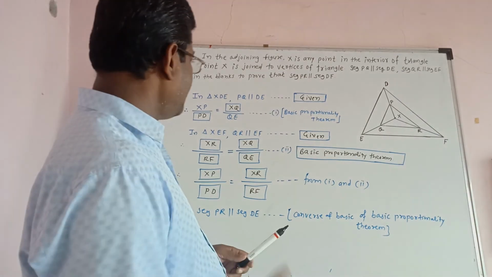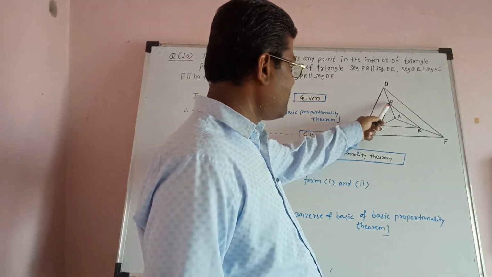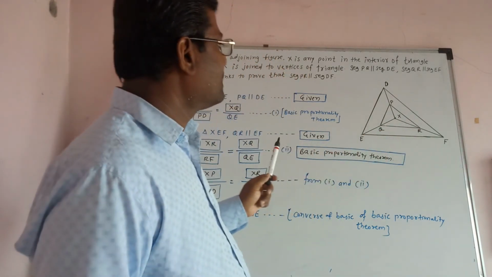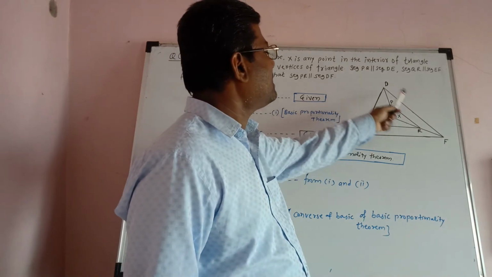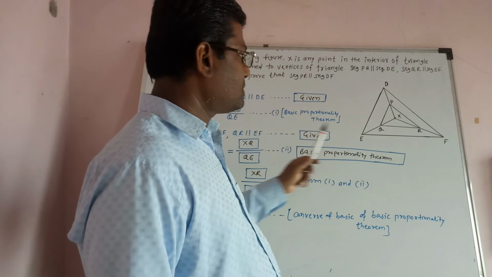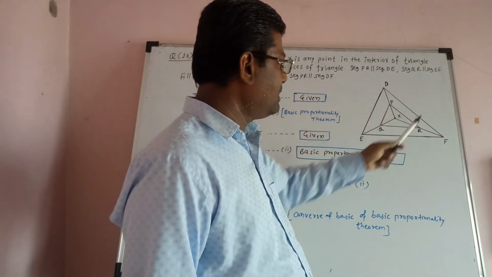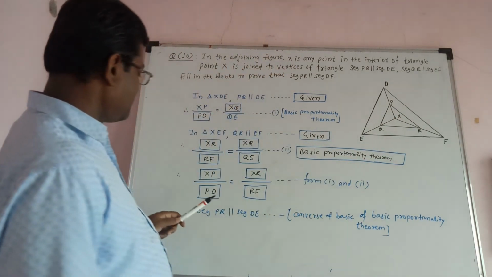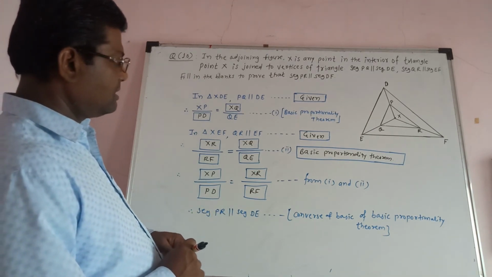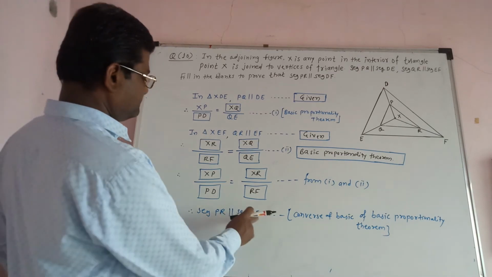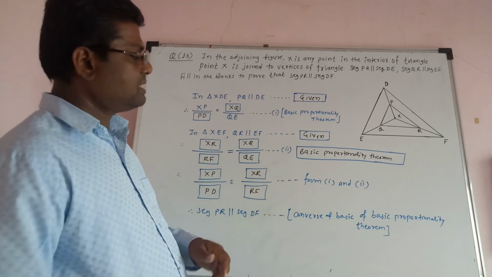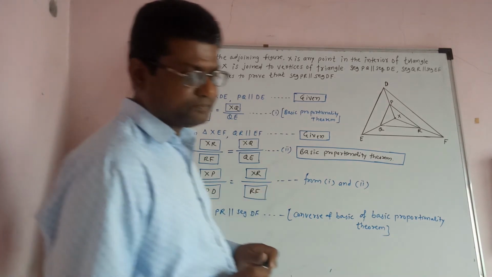Now let us see XP upon PD is equal to XR upon RF. So in this triangle XDF, according to the converse of basic proportionality theorem, PR will be parallel to DF. Therefore segment PR parallel segment DF, this is converse of basic proportionality theorem.